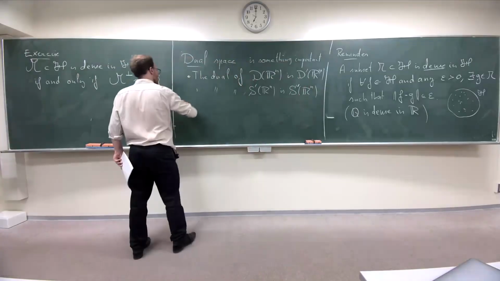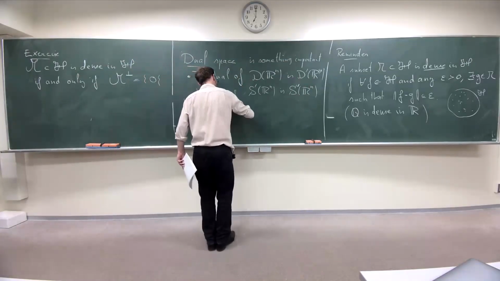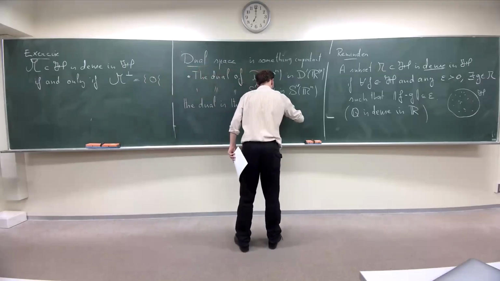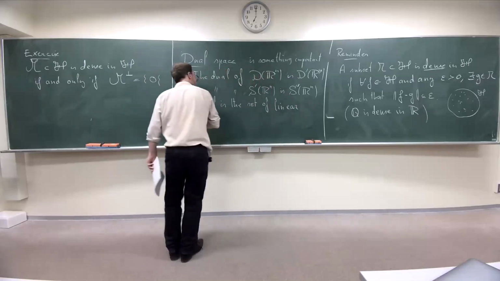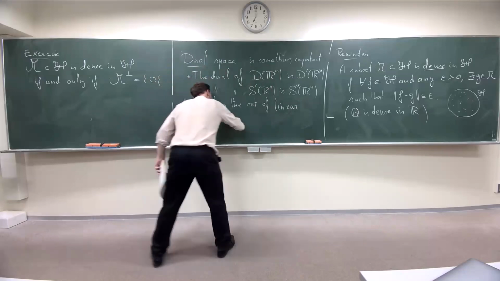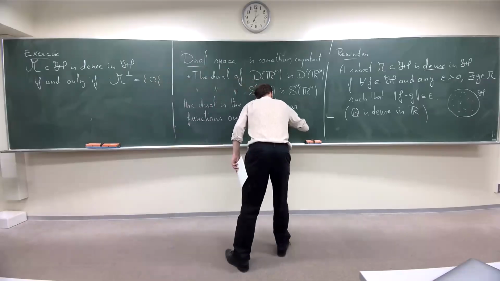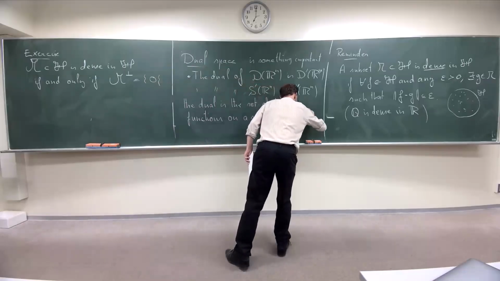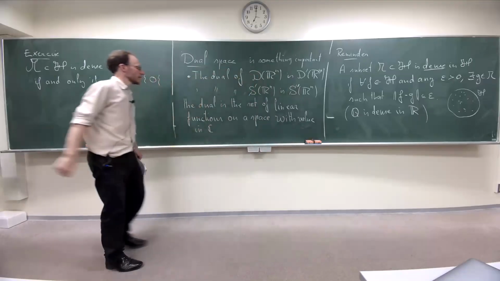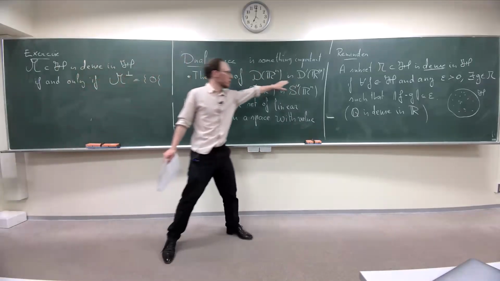So what is the dual? Dual is the set of linear functions on a space with value in C. I have to be a little bit more precise, but indeed, remember the way we introduced distributions.